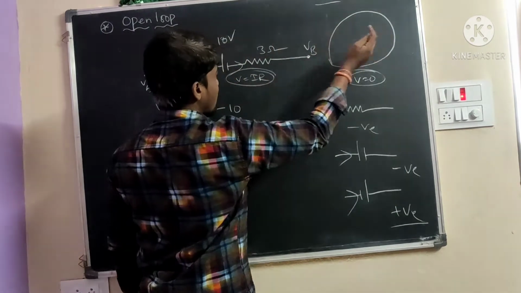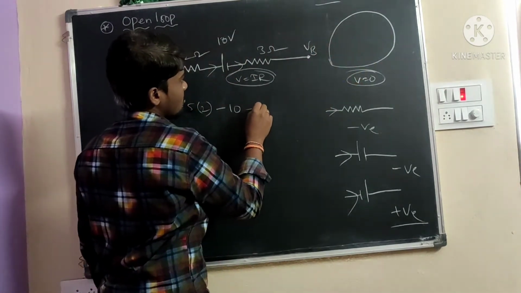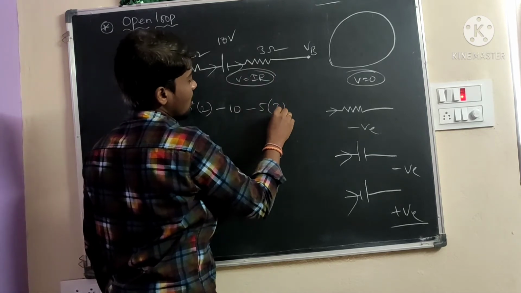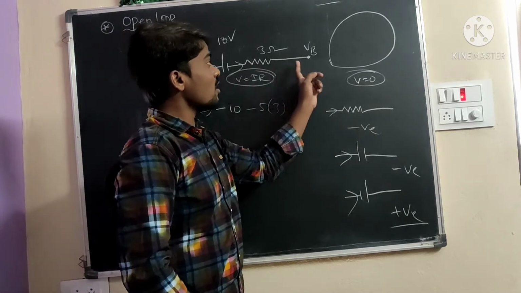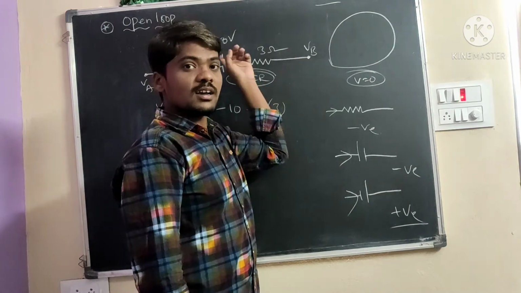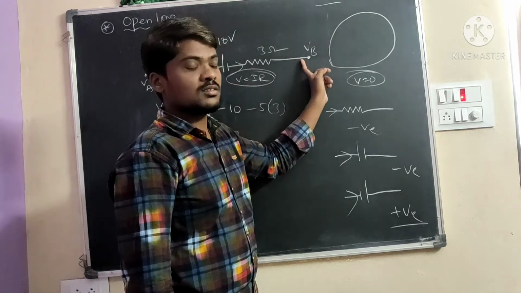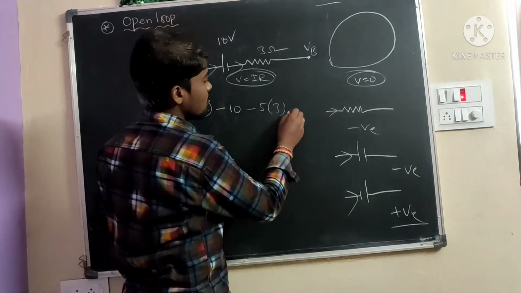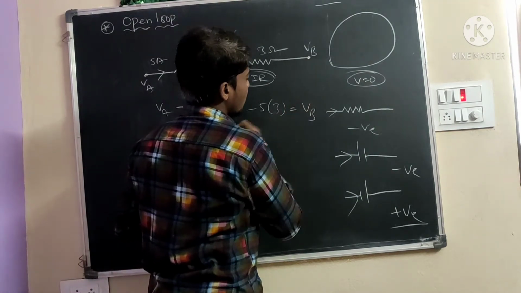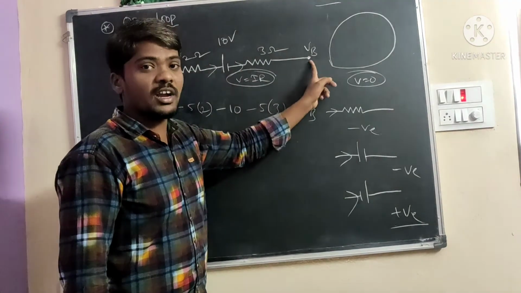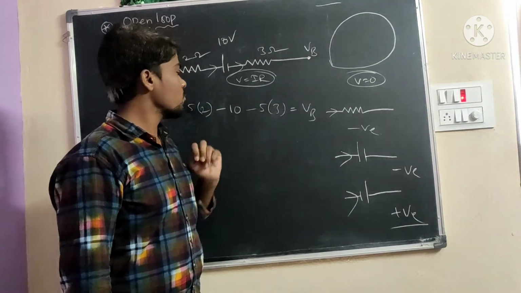Here also the same sign, moving to the right side: minus 5 into 3. The same current passes through the circuit. It reaches the last point, which is VB.